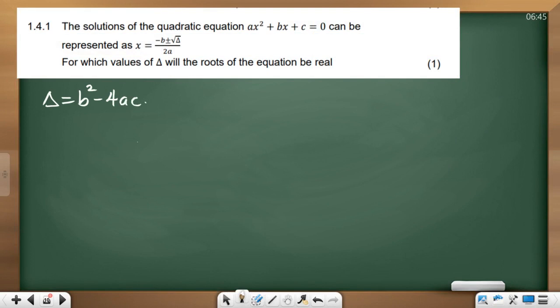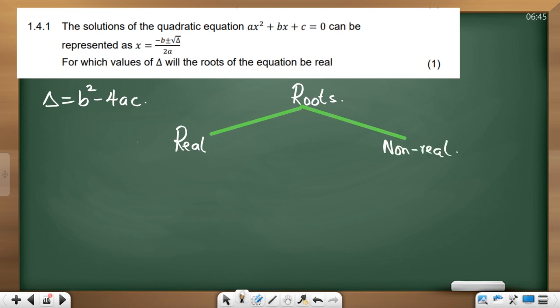For which values of the discriminant would the roots of the equation be real? Let's just quickly get something here. Roots can either be real or non-real roots. If they are real, my discriminant must be greater than or equal to 0.